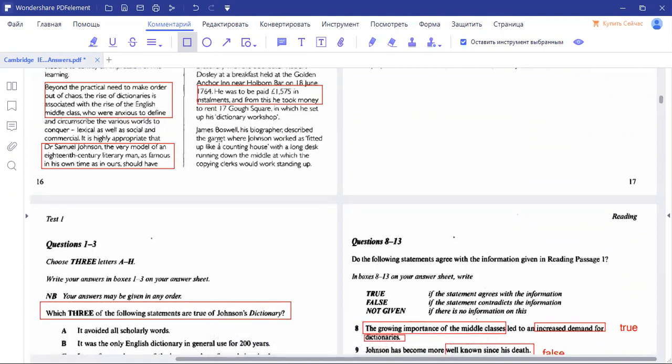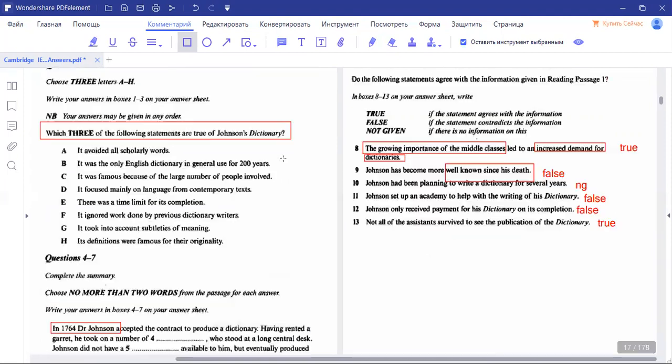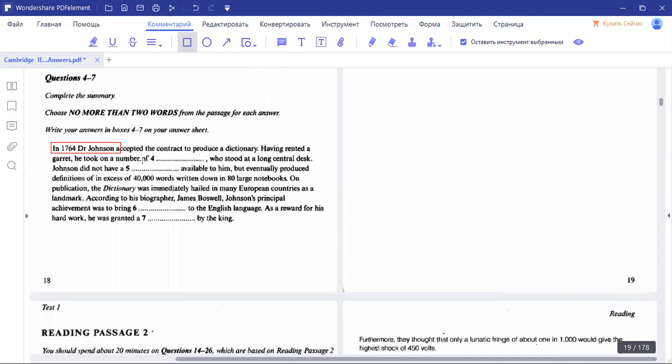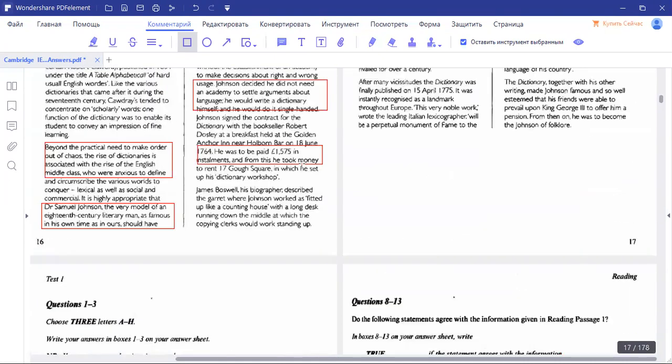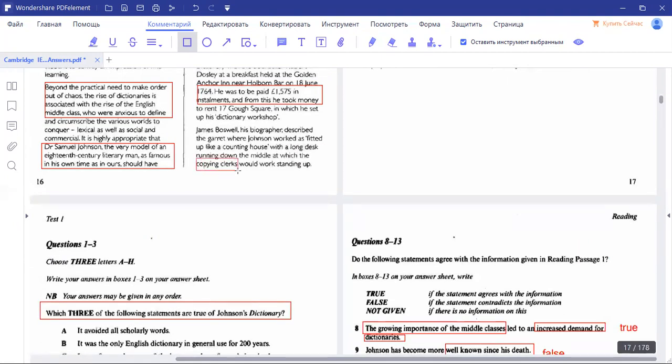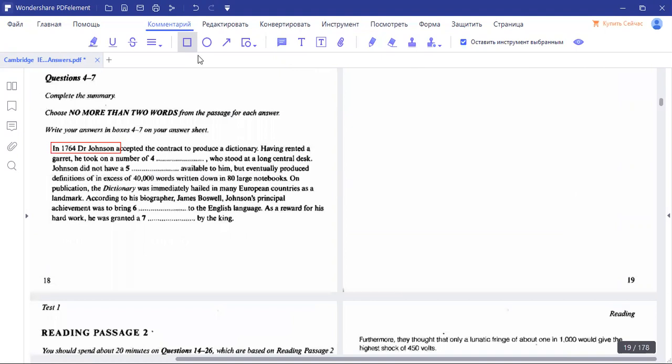And near the garret, Johnson worked, I guess. What we're looking for is that he took a number of people who also stood at a long central desk. Okay, he worked at a garret, and there was a long desk, and at this long desk, copying clerks would work standing up. So we're looking for this one, copying clerks.